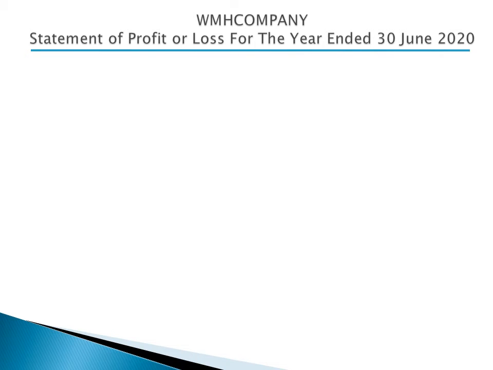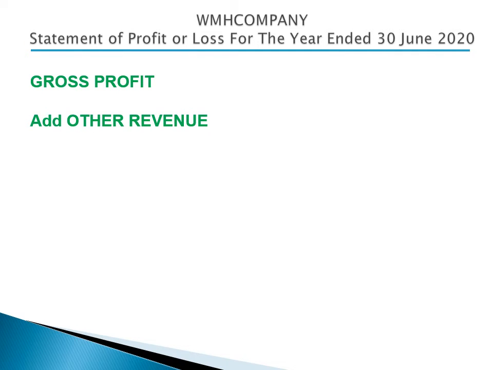So the second part of the statement of profit or loss, you already have the amount of gross profit. So the second part is the gross profit amount that you identified or calculated, and you add other revenues. The other revenues are not for trading purposes, I mean not relating to your trading goods, the sales and purchases.